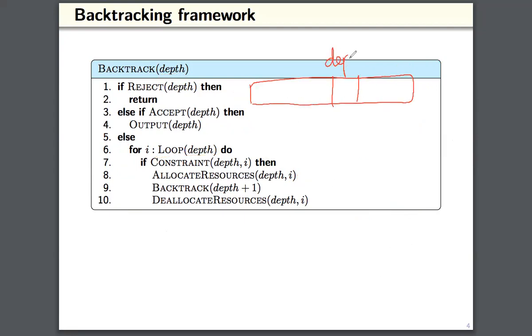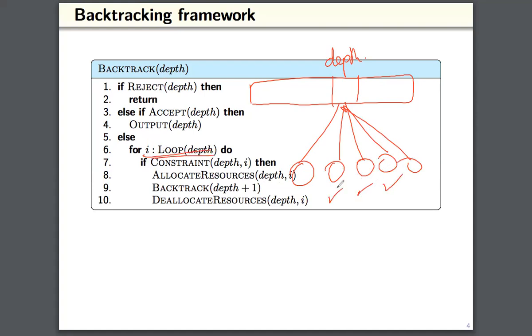See, this is depth. For depth, there are multiple values it can take in this loop. Some of them satisfy the constraint. So you try each of these values that satisfy the constraint and then recursively call the backtrack function for the next cell.